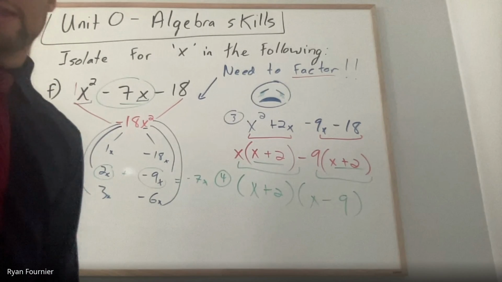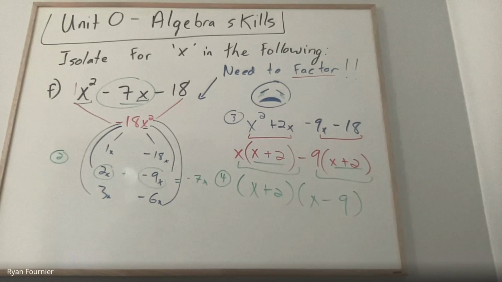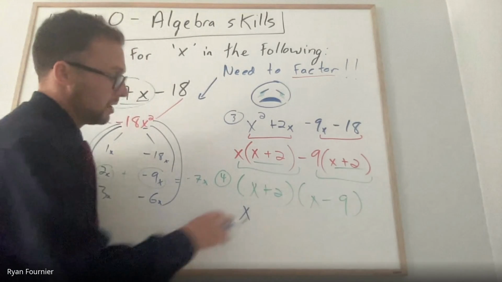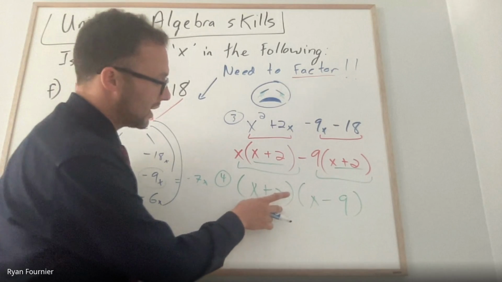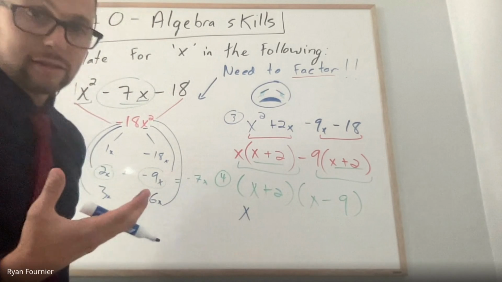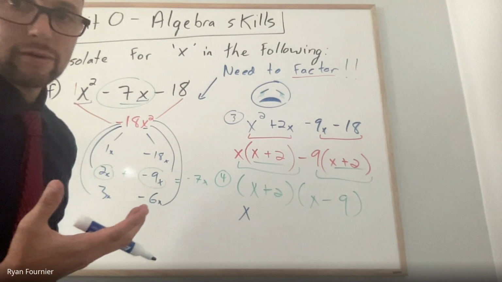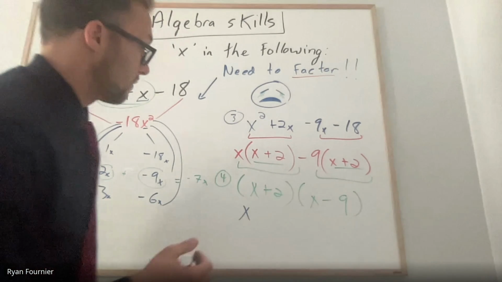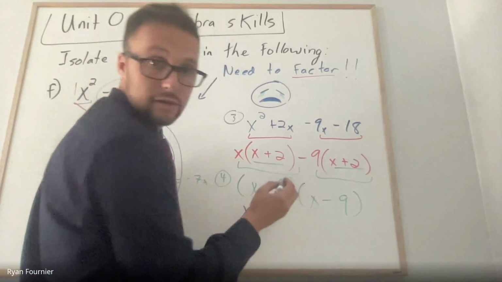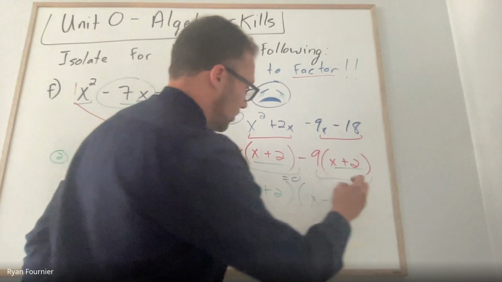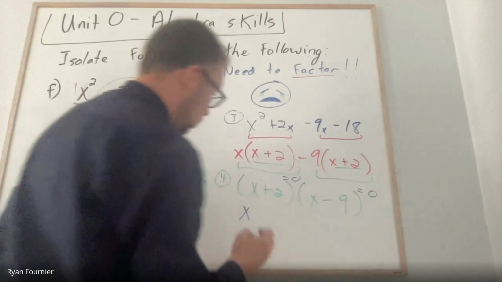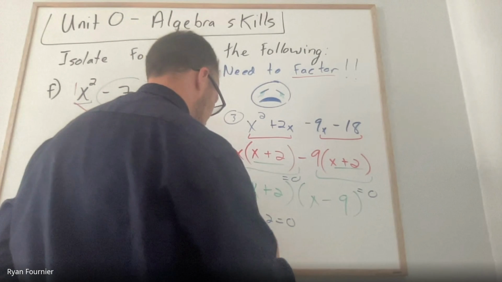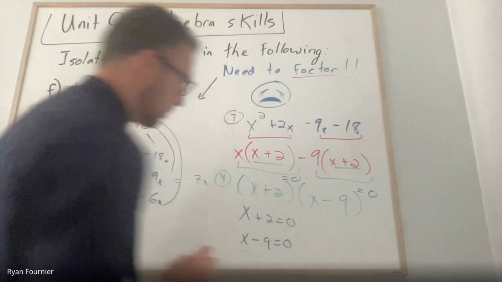Now, last thing I want to make mention of: if I ask what x actually equals, remember that each bracket is set to what? Anybody remember? Each bracket is set to 0. So you would really rewrite this as x plus 2 equals 0 and x minus 9 equals 0.